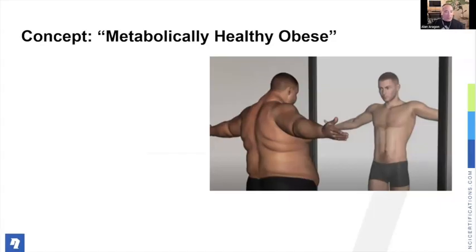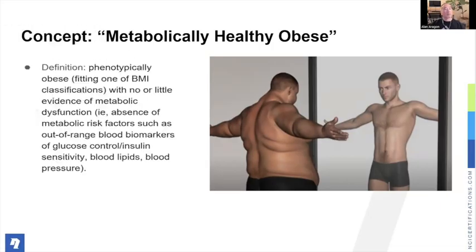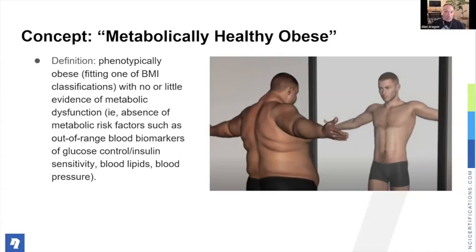Let's talk about the concept of the metabolically healthy obese, or metabolically healthy obesity. Defining this, it's being phenotypically obese, in other words, fitting one of the BMI classifications of obesity, but having little or no evidence of metabolic dysfunction.